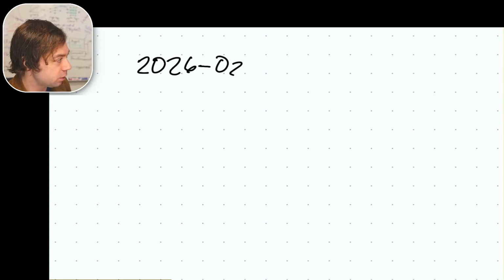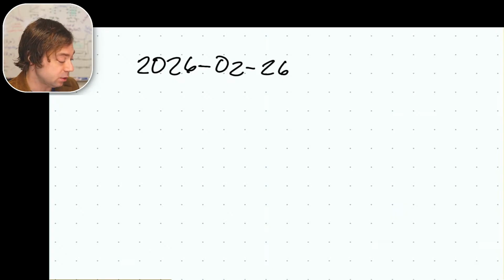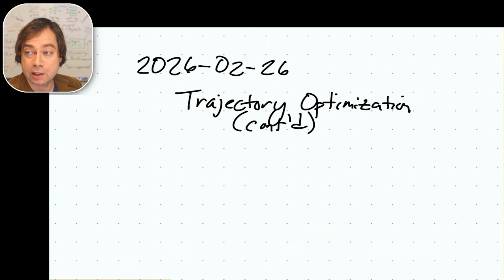So, 2026 02 26. All right, we're going to continue trajectory optimization. And we're going to try to do today something called multiple shooting.